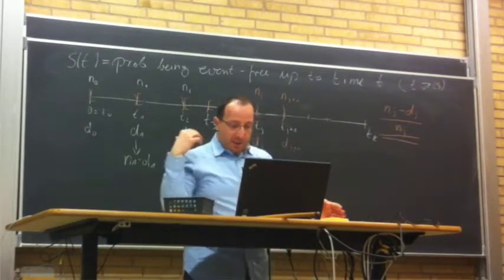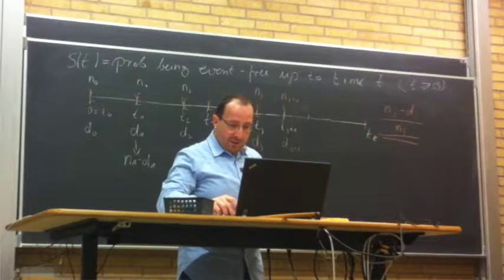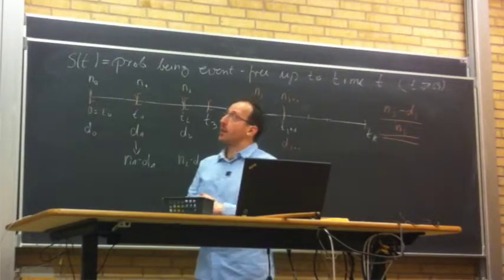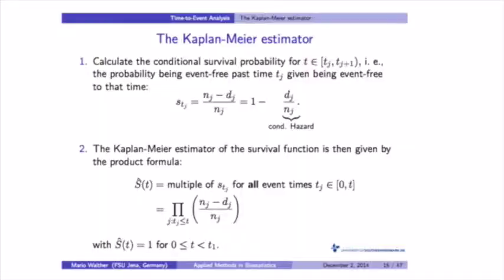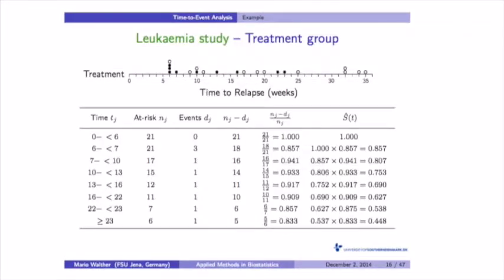So let me explain this approach via the example of the leukemia patients. Here again we have the treatment group, and here again we have the time to relapse. What is special to the treatment group compared to the placebo group is that there are censored data, which are marked with an open circle, and patients who relapsed are marked with a filled circle.